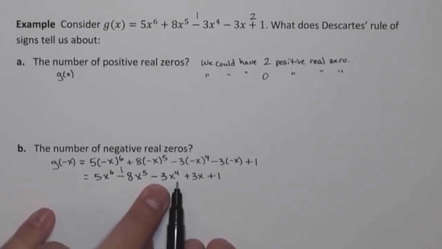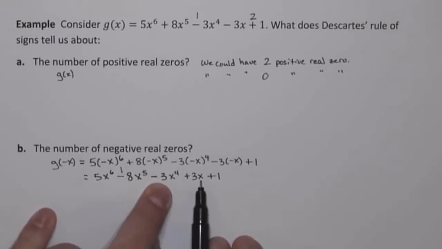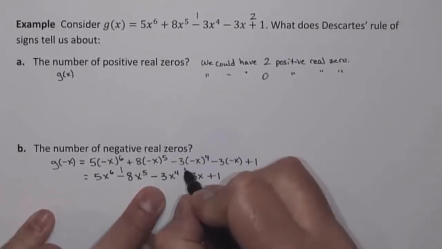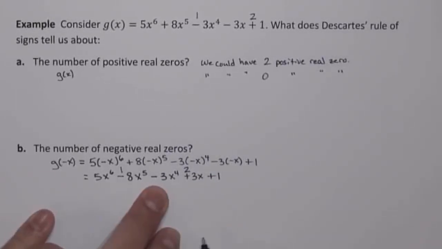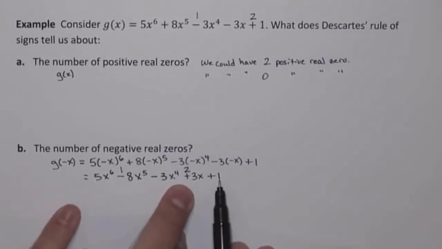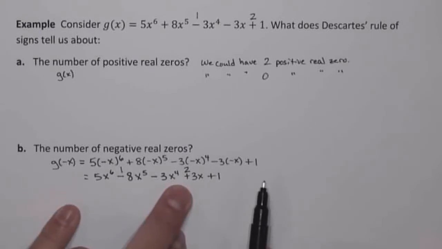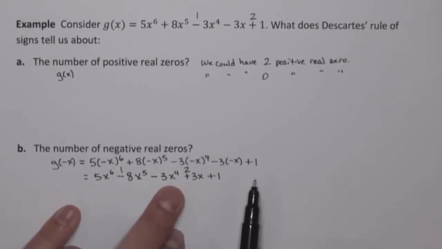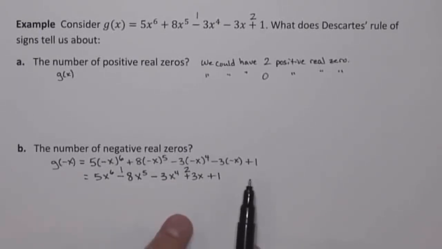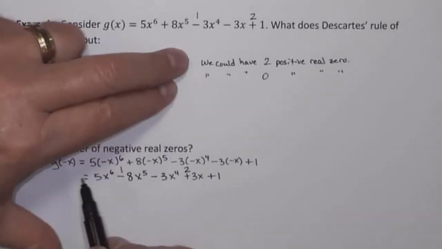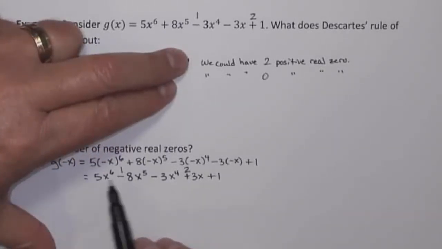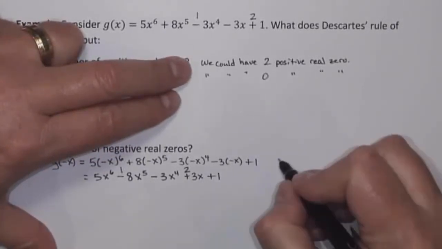That's not a variation in sign. Moving on to the next term, it's positive, so we're going from negative to positive. That's our second variation in sign. And then from 3x to 1, we stay positive, so there's not another variation in sign. So there's two variations in sign, okay? So for g of negative x, there were two variations in signs.